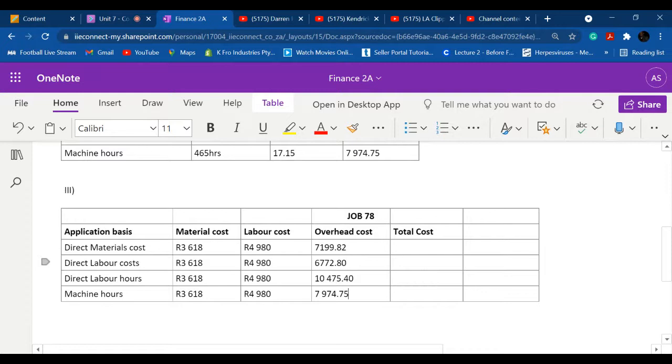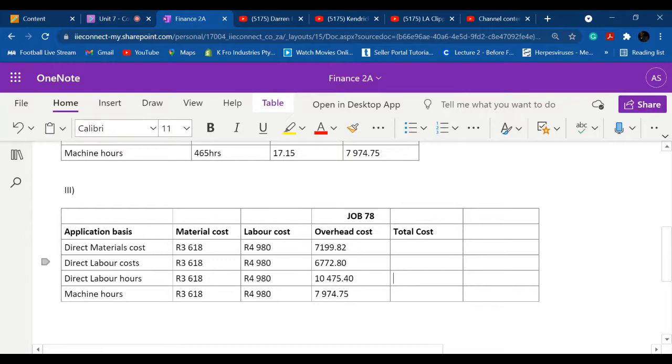Okay. Total cost, we simply are then adding these amounts here. Get our total cost. All right, so we are doing the right thing.